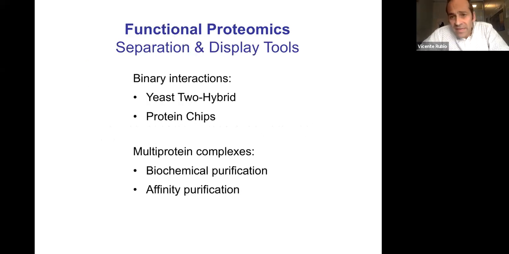For functional proteomics, there are different separation and display tools that we can use to screen for interactions with our protein of interest. They can be classified into different types. Those that mainly allow detection of binary interactions, for example yeast two-hybrid screens, or protein arrays, protein chips.